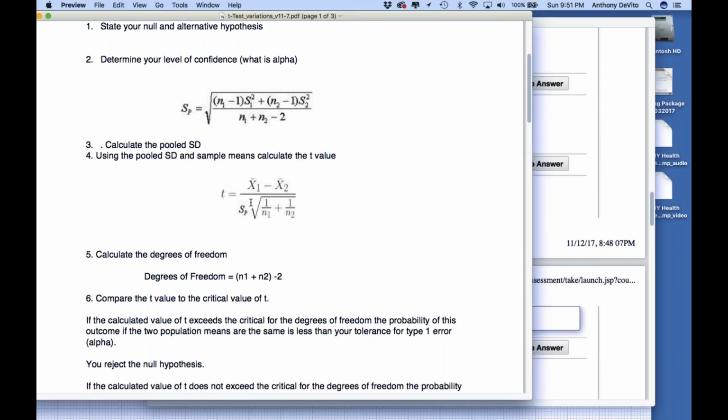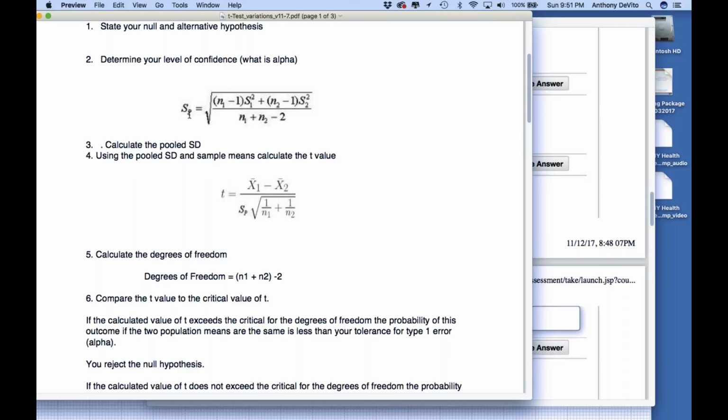Well, in this case, the standard error has to be calculated using a pooled standard deviation. This is our standard error. But before we can figure out what this is, we have to figure out what the pooled standard deviation is for this group.